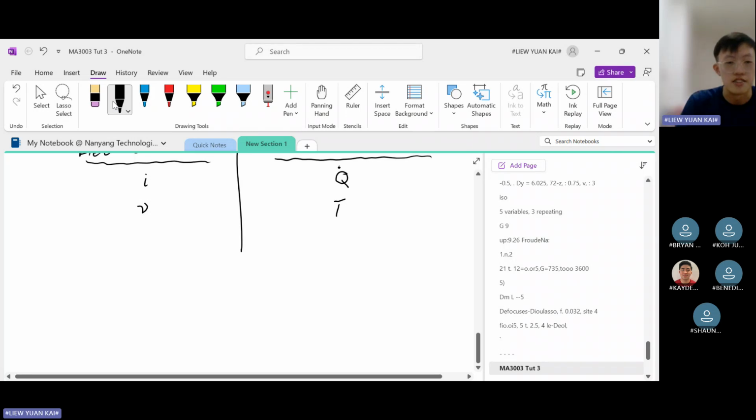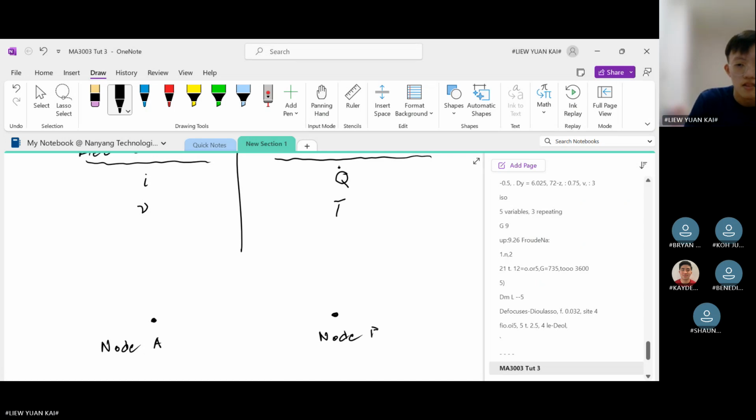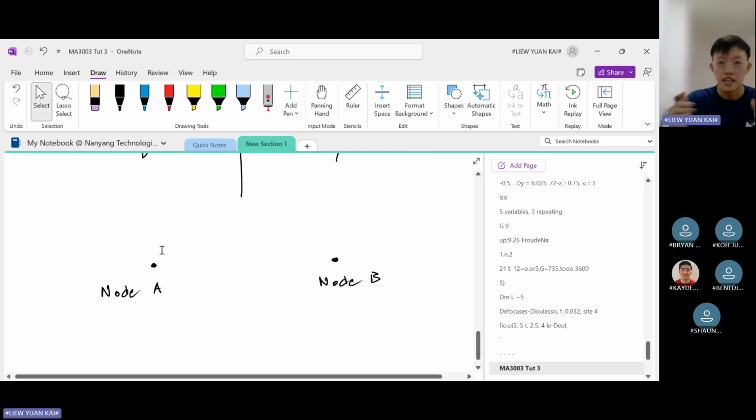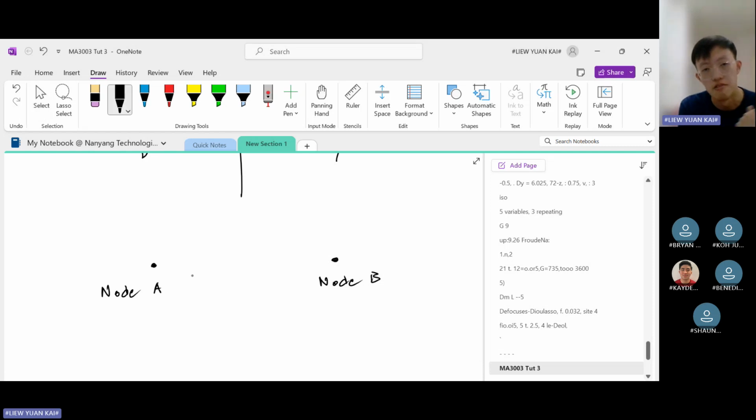Let's think about electrical circuits first. I give you a point, which we call a node. Let's say this is node A, and this is node B. In order for me to drive a current from node A to node B, I need a difference in voltage values.